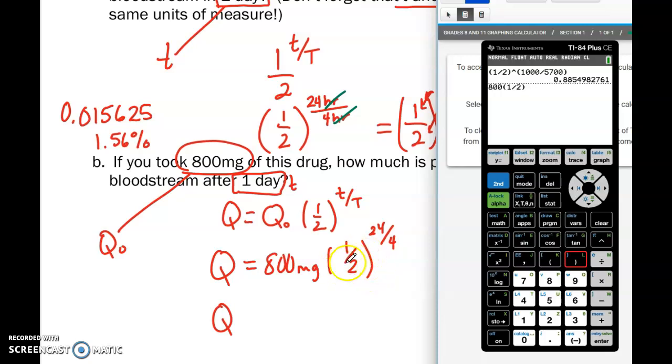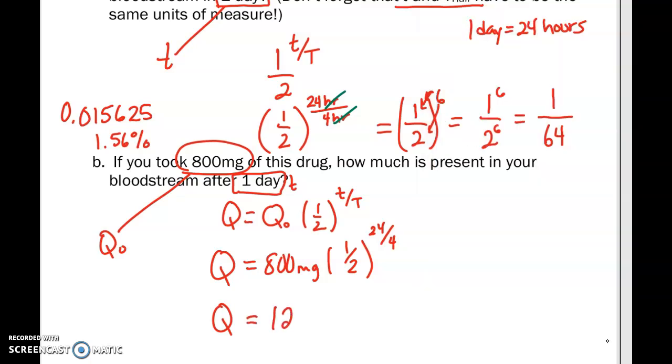So it's that PEMDAS. So you have to do the exponent first before you do the multiplication. And so if you just put it in your calculator, the calculator will do the order of operations in the correct order. So it's going to take the 1/2 and raise it to the 6th power and then multiply by 800. So I end up with 12.5.